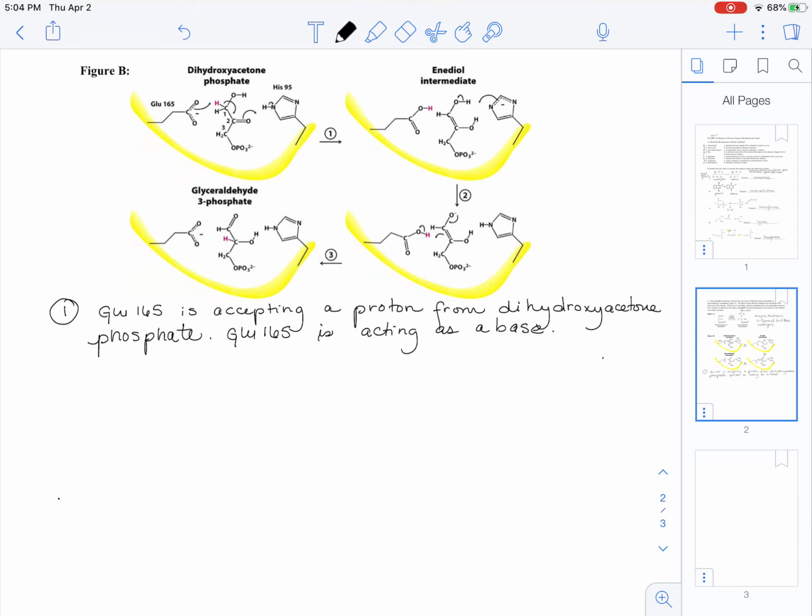Specifically, the oxygen atom at carbon number 2 in the substrate accepts a proton from histidine 95.